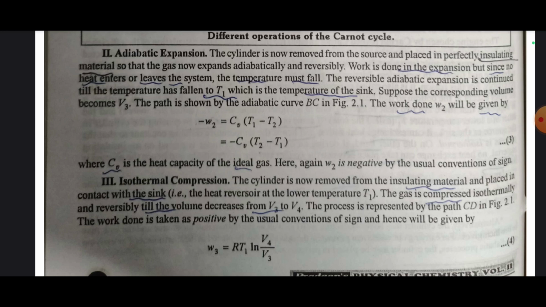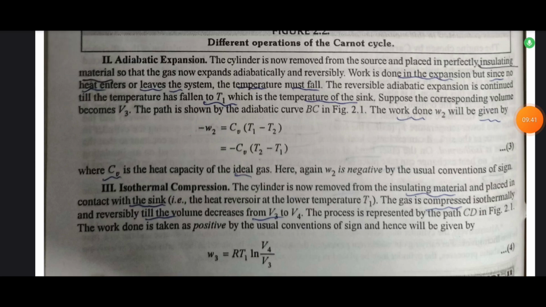Third is isothermal compression. The cylinder is now removed from the insulating material and placed in contact with the sink. The gas is compressed isothermally and reversibly till the volume decreases from V3 to V4. The process is represented by the path CD. The work done is taken as positive by the usual convention of sign and hence will be given by W3 is equal to RT1 into ln of V4 by V3.